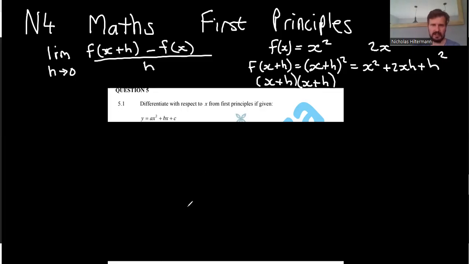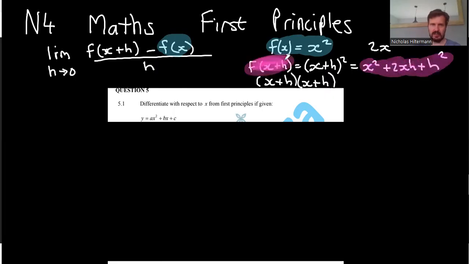Okay, so I'm going to highlight like I do using pink and blue every time. So f of x equals x squared. Okay, so that is this bit here. And the f of x plus h I've worked out already, which is that. So what I'm going to do is I put these things in the formula.